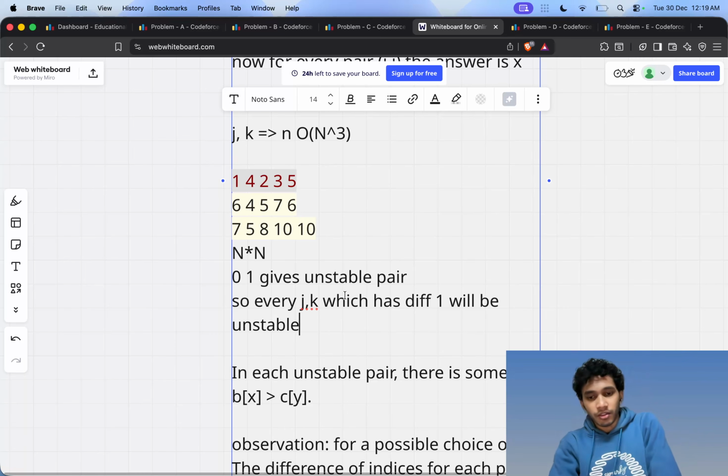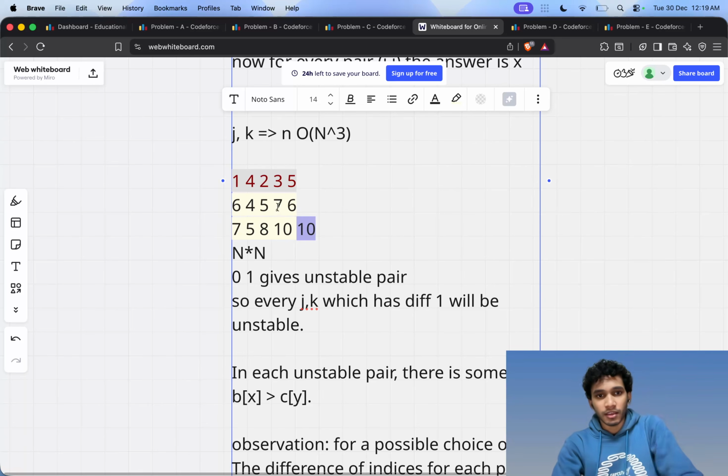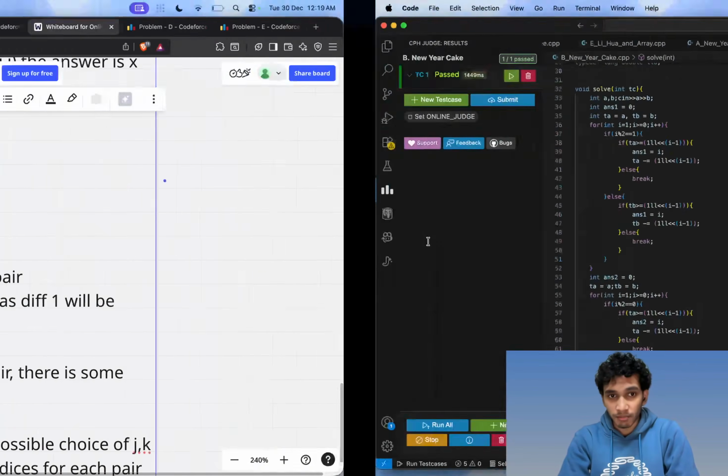This is a very powerful observation. Let's say we started with j here and k here. What will be the next pair? This and this. And the next pair? This and this. And we know that this pair is already unstable.